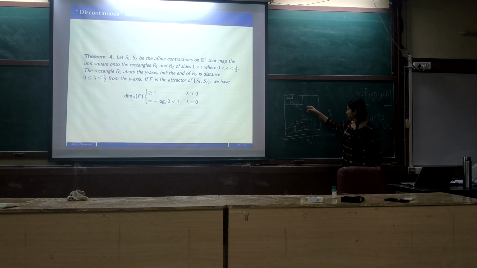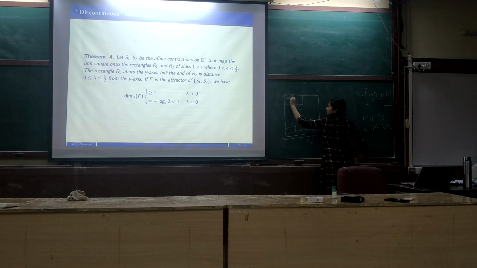And the main point is that the projection of this figure is always a proper line segment. So when this gets shortened to these four small rectangles, then the projection of this will be till here, this will be till here, and this will be till here.